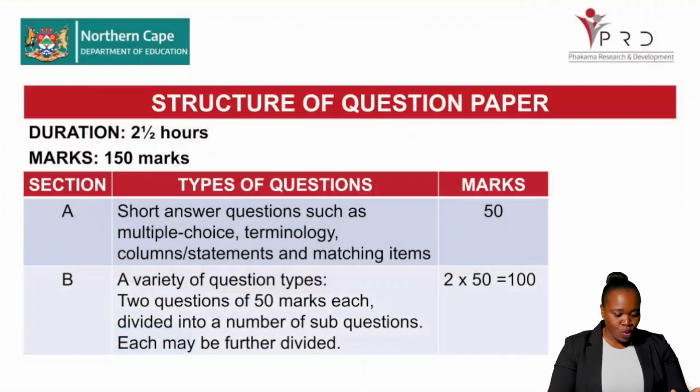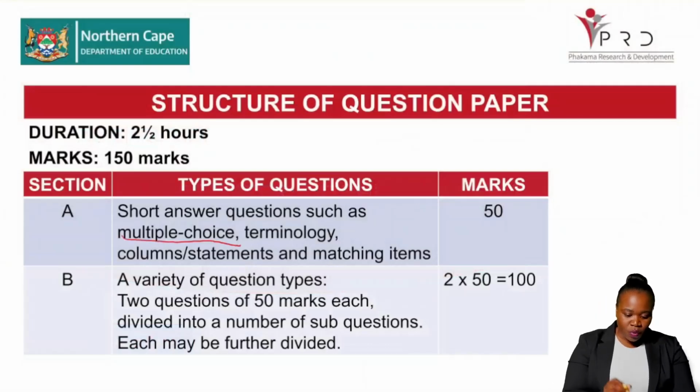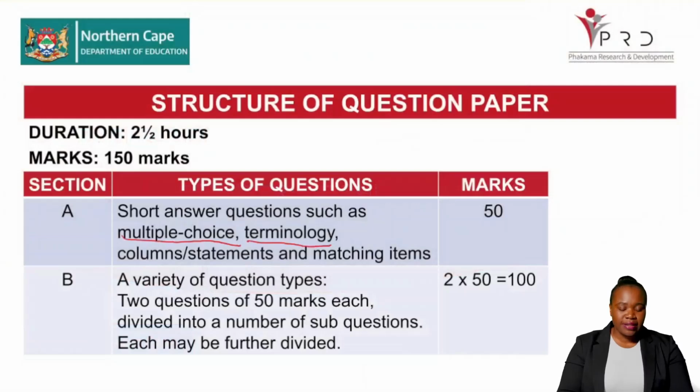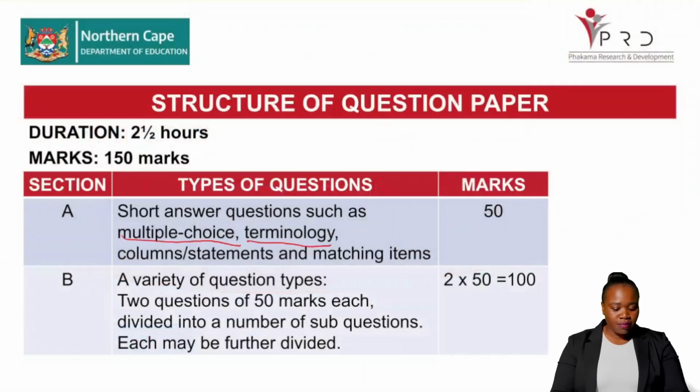All right. So our paper is a 2-section paper, section A and section B. In section A, we have short questions, which are worth 50 marks, right? So we have your multiple choice questions. We have your terminologies or biological terms. We have the matching column, as well as a few short questions.